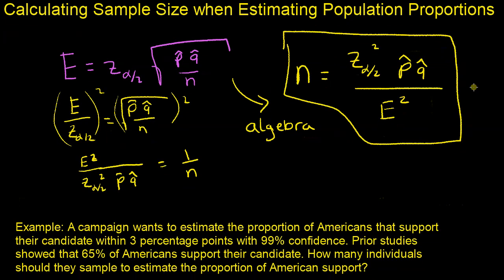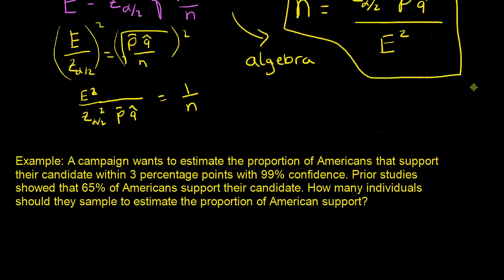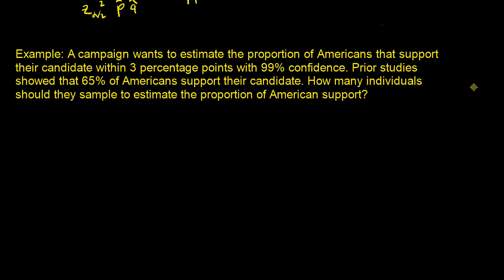So let's go ahead and use this equation and answer this first question here. A campaign wants to estimate the proportion of Americans that support their candidate within 3 percentage points. So that means the margin of error should be 0.03, with a 95% confidence.